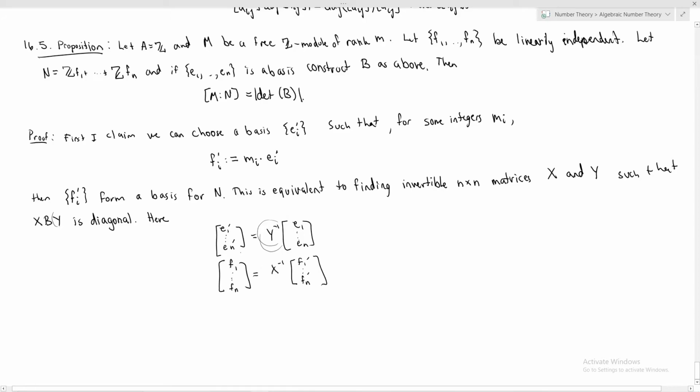Okay. So essentially with this matrix, I'm plugging in ei primes and getting fi primes out.